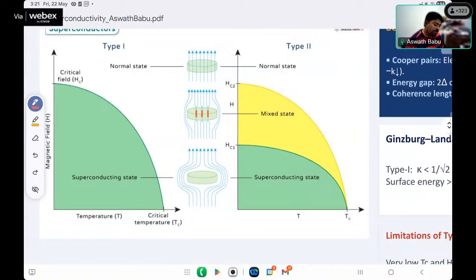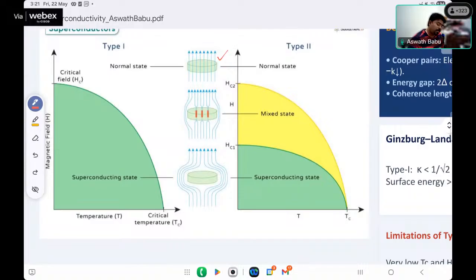Sometimes a mixed state is also possible. What is a mixed state? Few lines go through. Earlier, the maximum number of lines are going through, the applied magnetic field lines. Later, only a few lines, because the entire material may not be completely below the critical temperature. So there are some regions where superconductivity is not triggered.